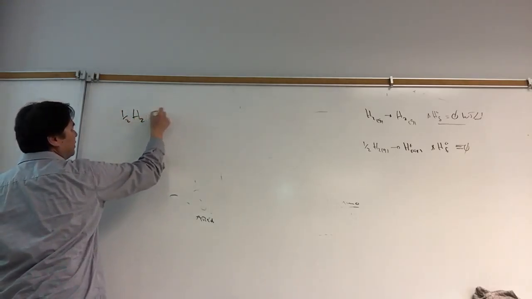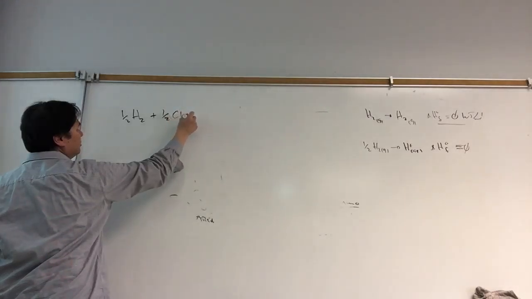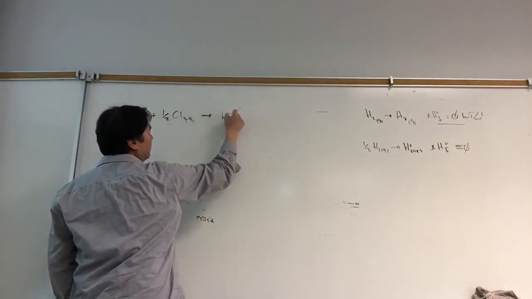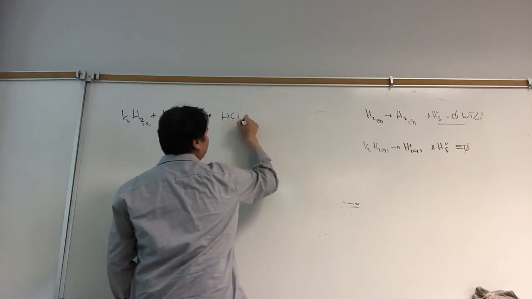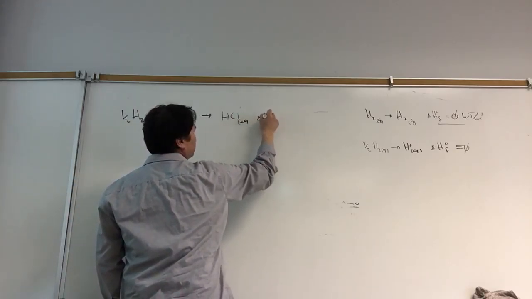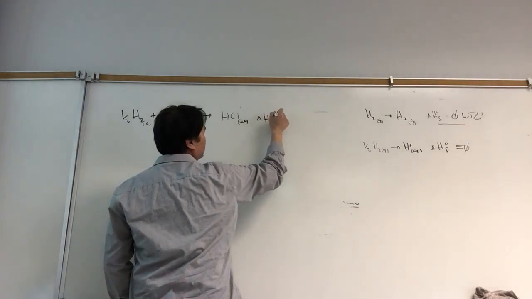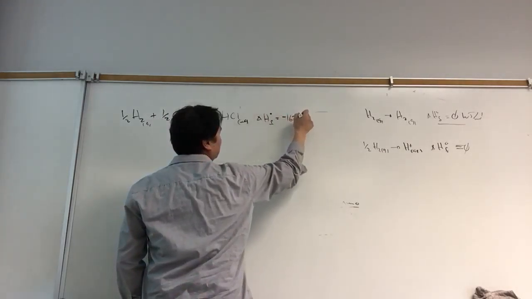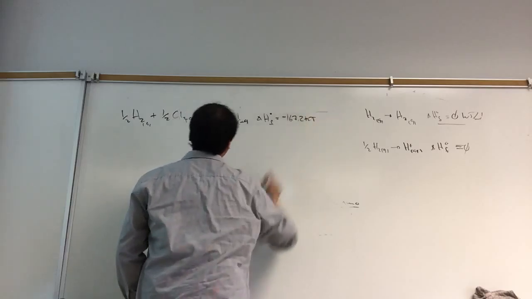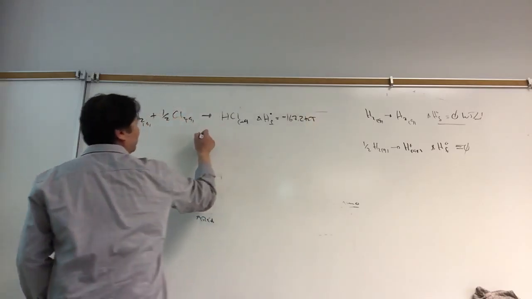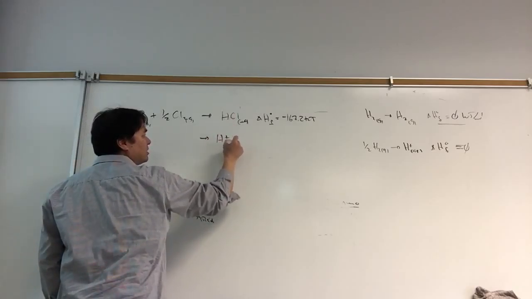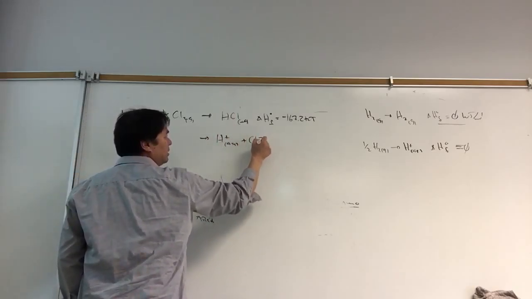So 1/2 H2 plus 1/2 Cl2 gas is going to yield 1 mole of HCl, 1 molar AQ. It turns out that delta H of formation for HCl under standard conditions is minus 167.2 kilojoules. Well, HCl AQ doesn't consist of molecules. HCl AQ consists of H plus AQ plus Cl minus AQ.